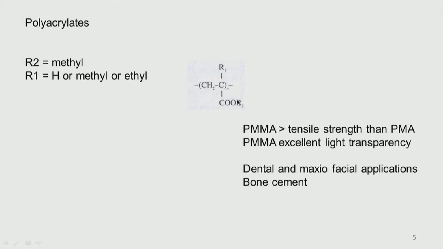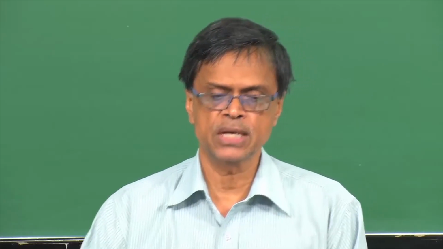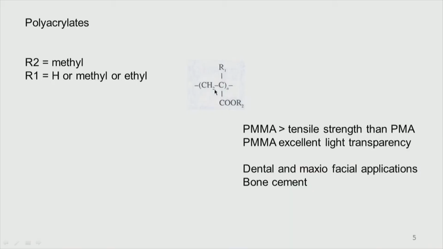It is used quite a lot in dental applications, maxillofacial applications, bone cement, acrylic, and then it has got fantastic light transparency. Okay, so it is used in many places where you need transparent observations, and PMMA has higher tensile strength than polymethacrylate. That means when R1 is H, that is called a polymethacrylate.